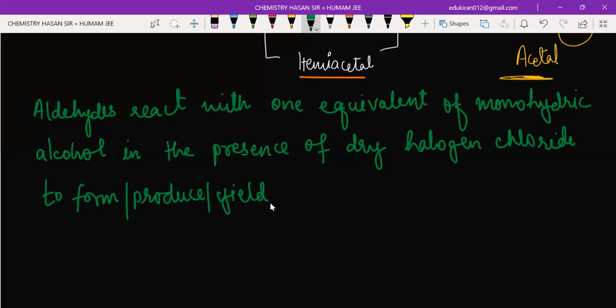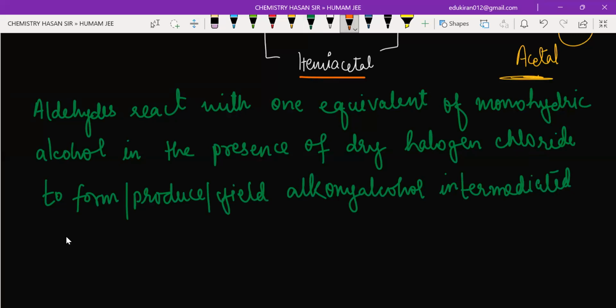Generally in chemistry, we write yield: alkoxy alcohol intermediate. This is your intermediate known as hemiacetal.